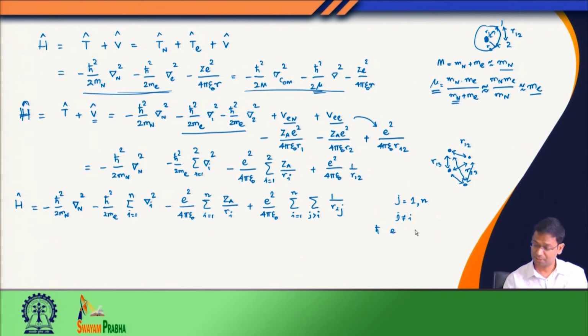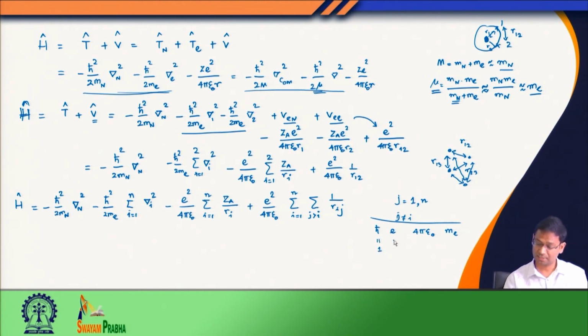This 4 pi epsilon 0 also comes too often. And we have this mass of electron. Now, mass of nucleus comes once, but this mass of electron comes n number of times. So, you see that we have these terms which are appearing quite frequently.